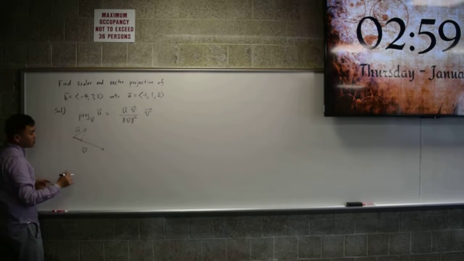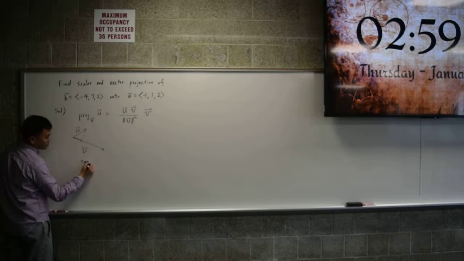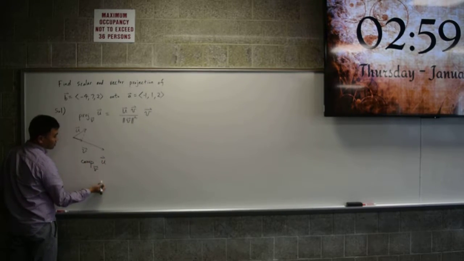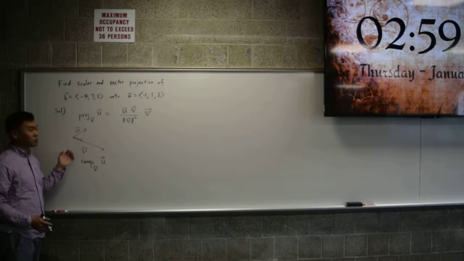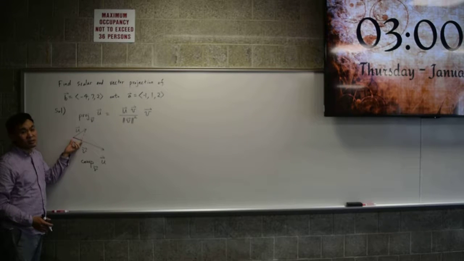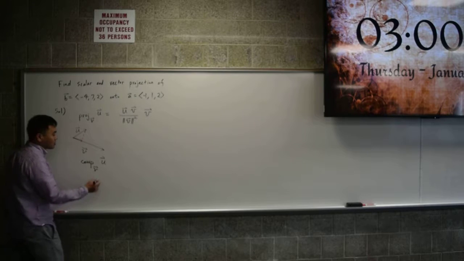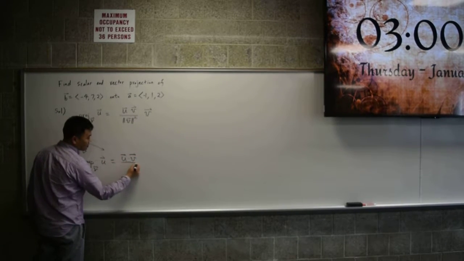Now there's another thing which is called the component of u in the direction of v. And all it means is this length. So sometimes you really don't need the vector, you just need the length. In that case, it's easier because all you need is u dot v divided by v's length.